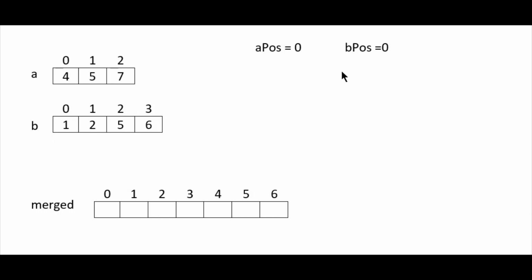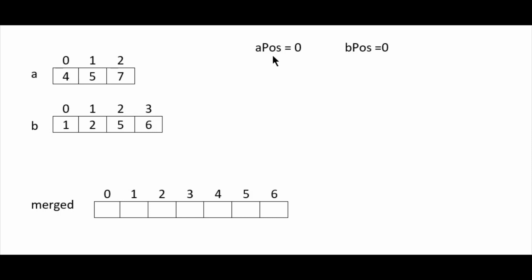The first thing I'm going to do in my for loop, which starts at 0 and goes to 6 in this case, is make sure that I have not yet gone past the end of array A, because if I have gone past the end of array A, I'm going to take the item from array B. And likewise, if B pos has gone past 3, then I want to make sure that I take an item from array A. Well, that has not happened in either case.